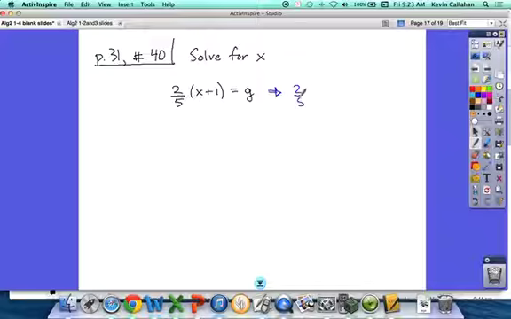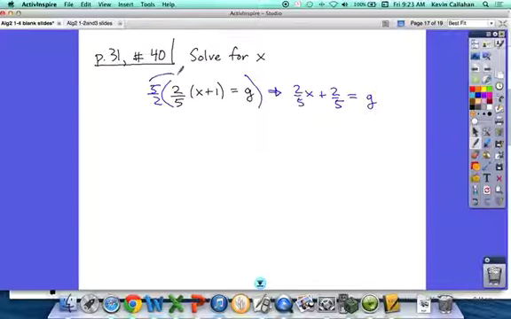2/5 x plus 2/5 equals g. Now, you would have to subtract the 2/5 and then multiply by 5/2. What you could do, what was probably preferred, is since that 2/5 is multiplying the whole left side, how about we multiply by 5/2 as a first step?